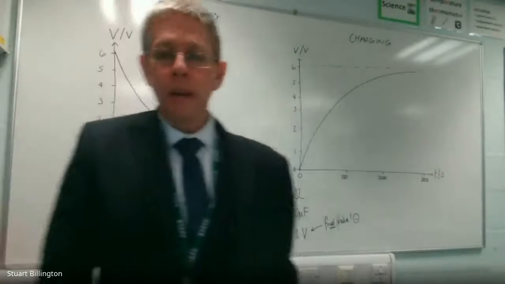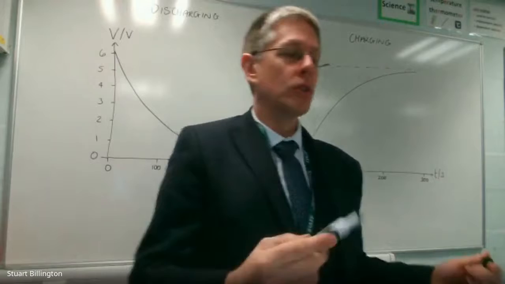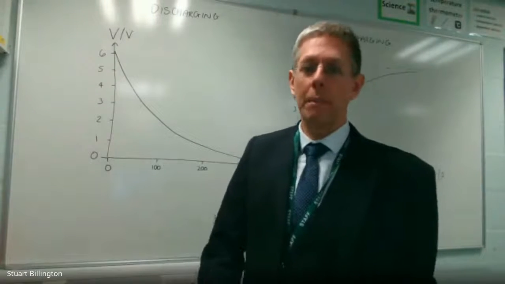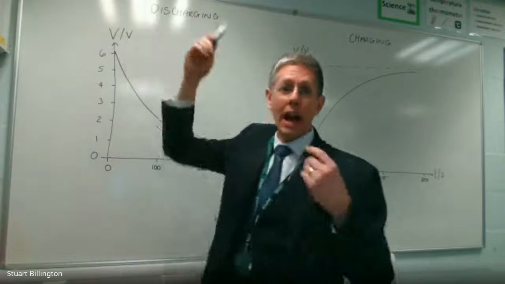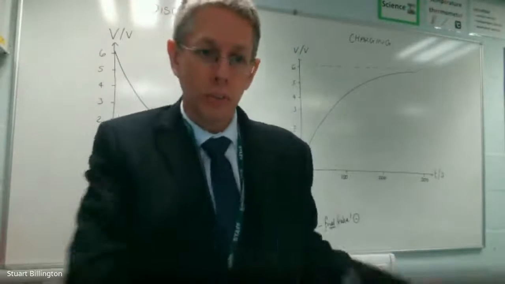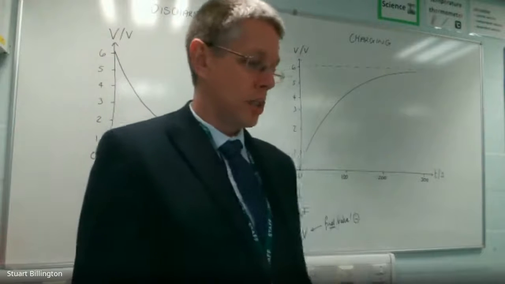Okay, we now need to think about the current. So same question, do you know any equations that happen to have potential difference in it and also current in it so that we can switch from one to the other? So anybody want to shout out an equation?